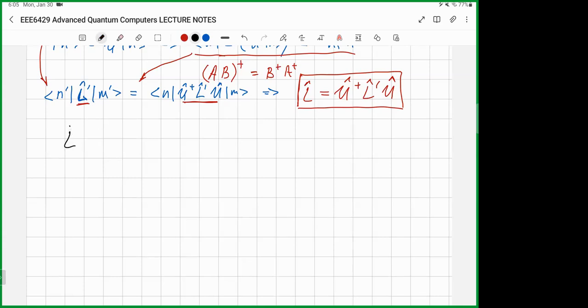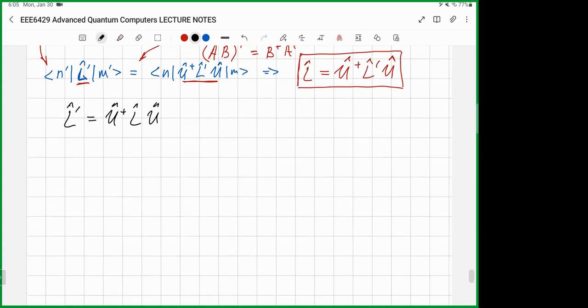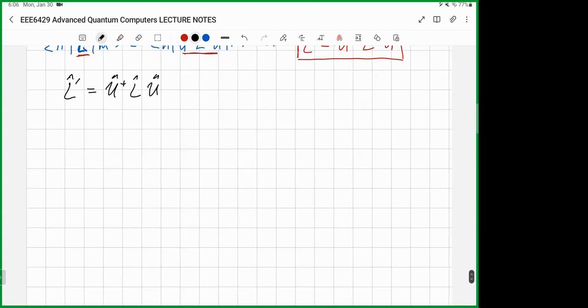So this formula holds for any transformation of a matrix or an operator when we transform the basis. And this is the similarity transformation.